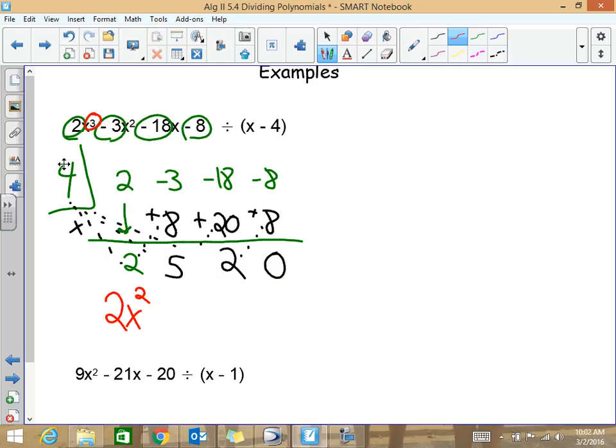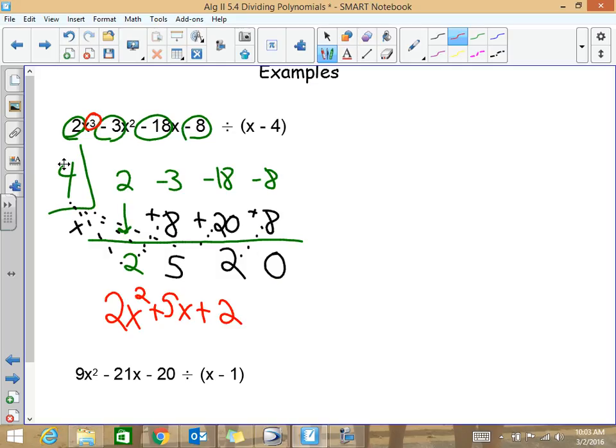And then we just go down from there. So this represents the highest term of our answer. So this is 2x to the 2nd. So then the 5 goes with x to the 1st. And then the 2 goes with x to the 0, or the constant. Okay? So you always use the first one as 1 less than what you started with, and then assign them in order.